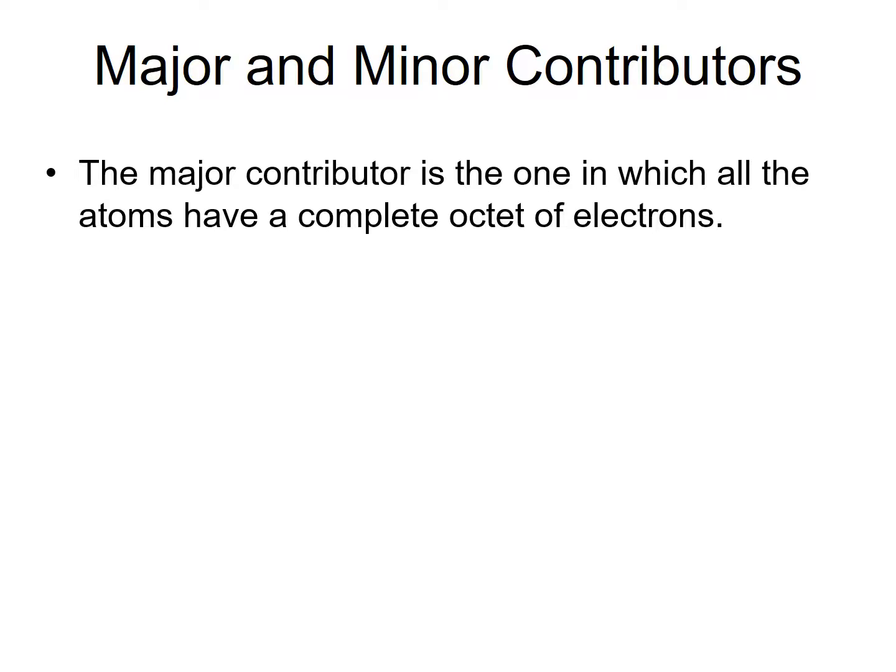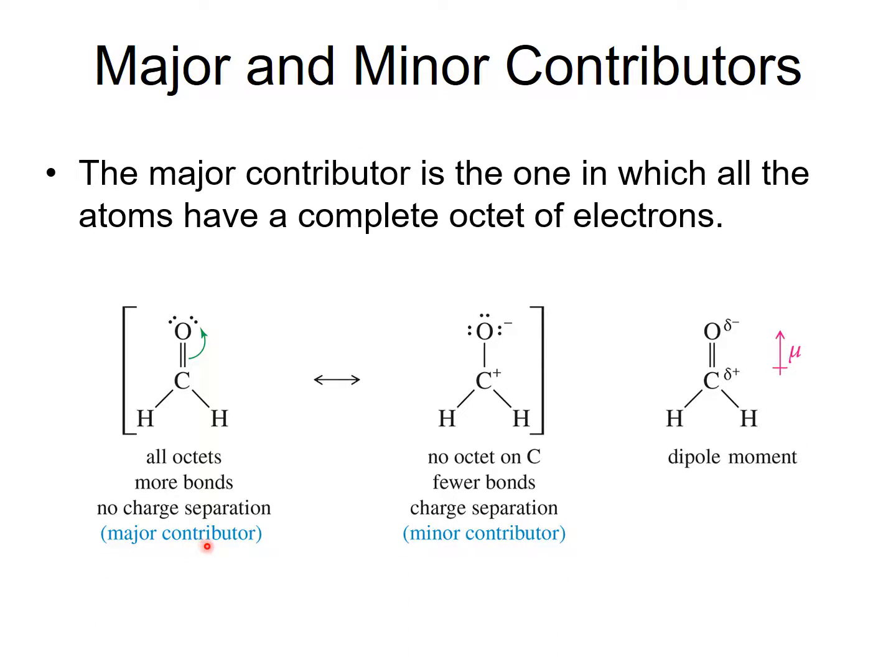So the major contributor to a resonance structure is the one that has an octet around every atom. For instance, you got this structure and you got this structure. We'll often use this as an intermediate in a reaction mechanism in organic reactions.